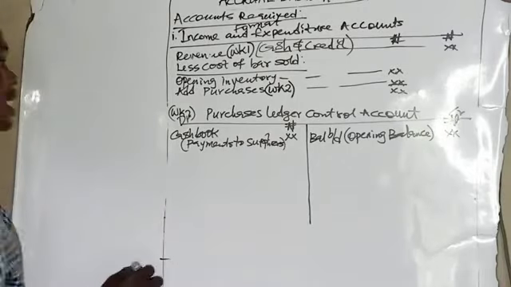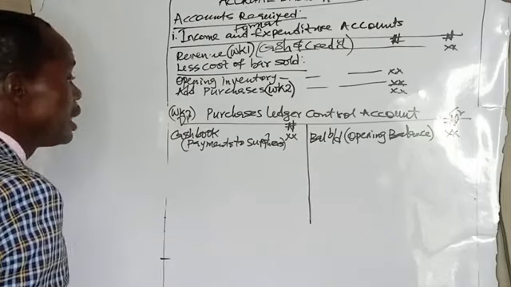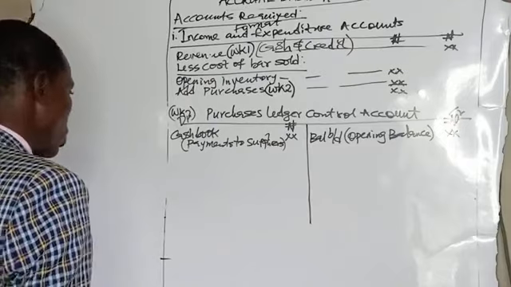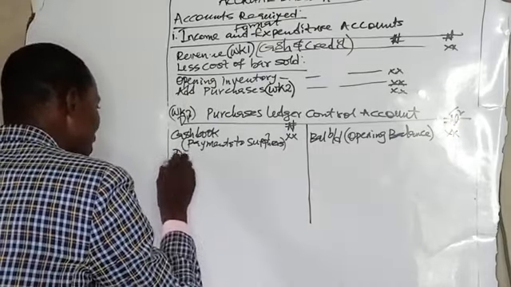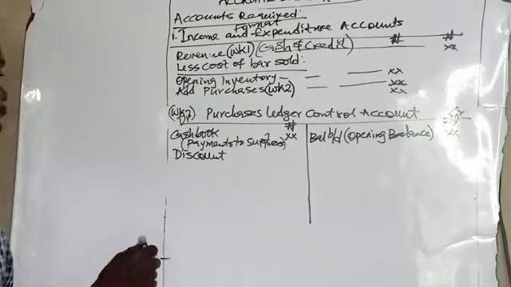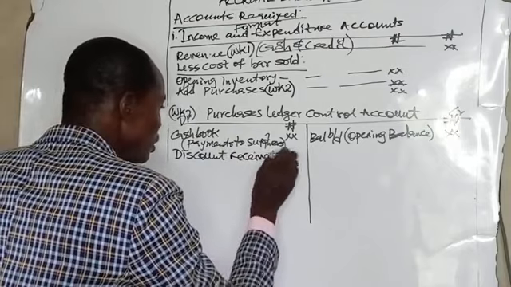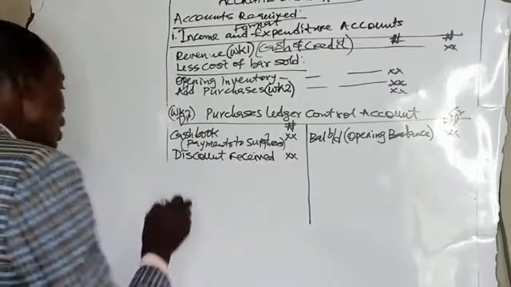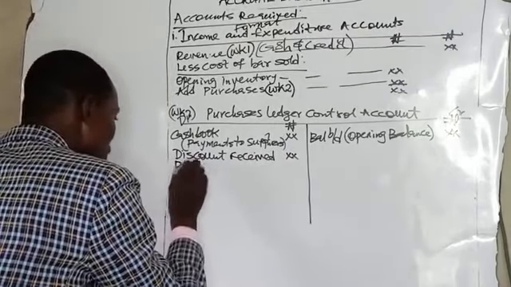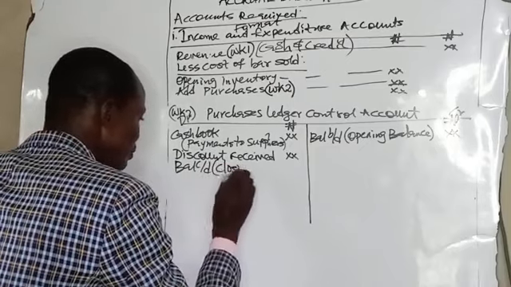Then, if you have discount received, it will reduce the amount owed to suppliers. So you debit it. This is opposite of the receivable ledger control account I've considered earlier. Discount received. Then the closing balance, which must equally be a credit balance. Closing balance.